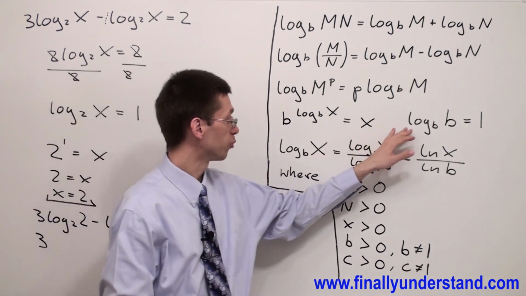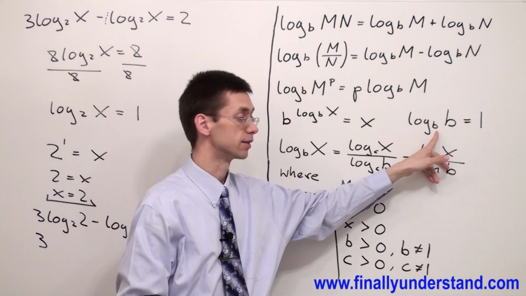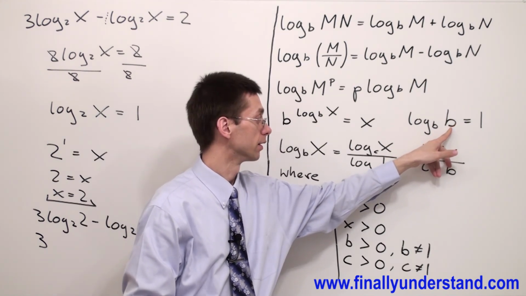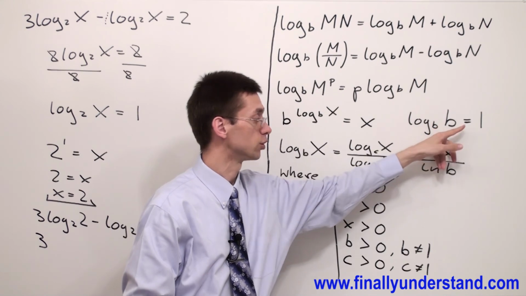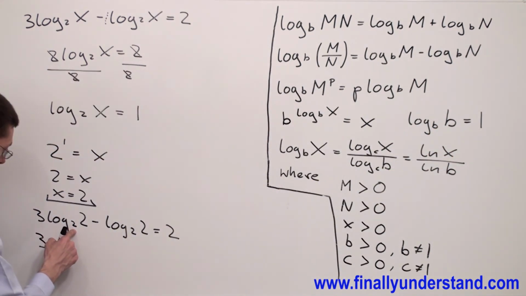We have to use the property for the logarithm which has the same base as the domain. This logarithm is equal to 1. In this case, I have the base equal to the domain. That's why this logarithm is equal to 1.